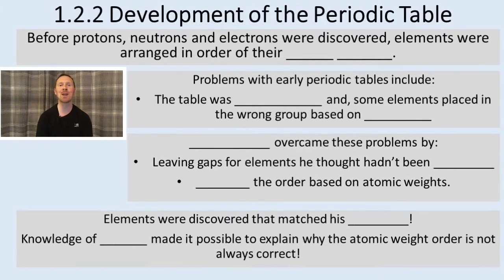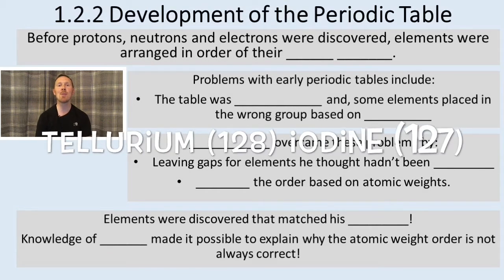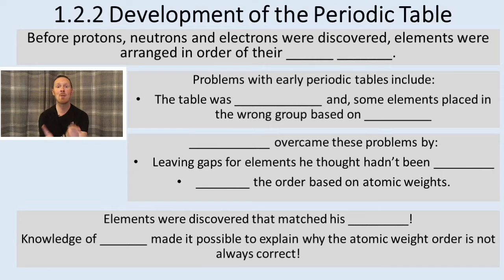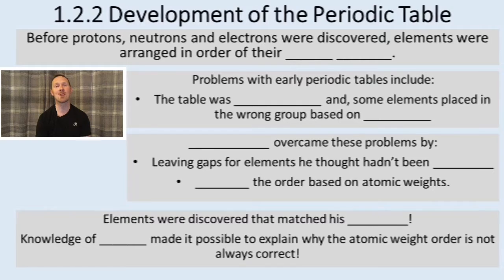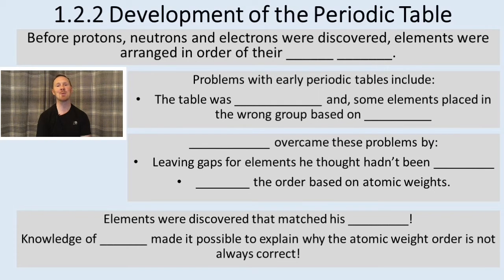Two examples here to consider. If you look at tellurium and iodine in the modern periodic table, they're in the wrong order based on their atomic mass. They should be the other way around. But if they were, then iodine wouldn't be in the same group as fluorine, chlorine, bromine. And we know that iodine is a halogen. It has the same chemical properties and follows the same trends as the other elements in group 7.